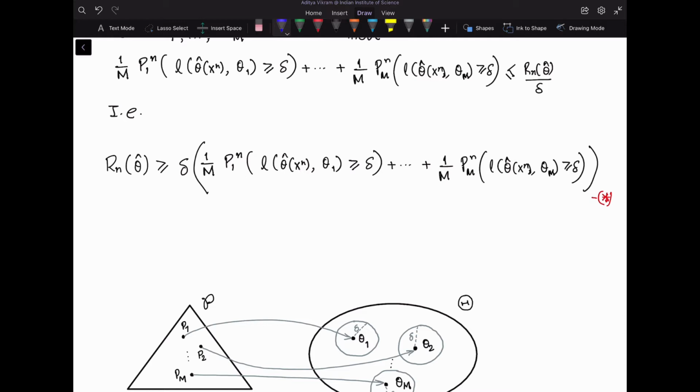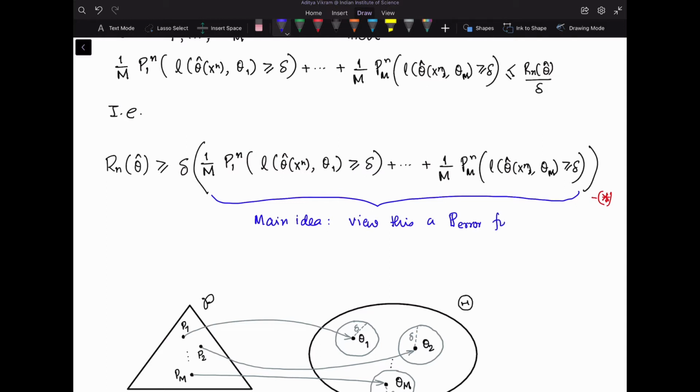Okay, so now the main idea of this whole derivation. What is the main idea? It is to view this as the probability of error for an M-ary hypothesis testing problem, or for an M-ary hypothesis testing algorithm.